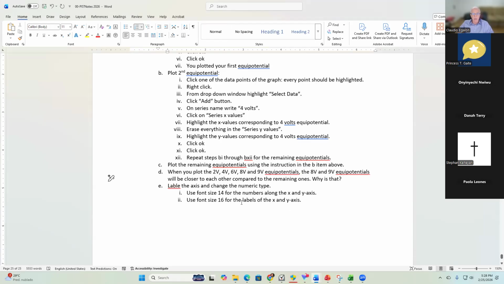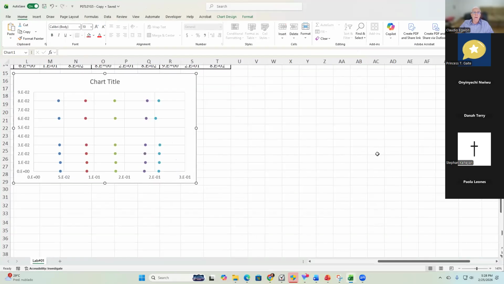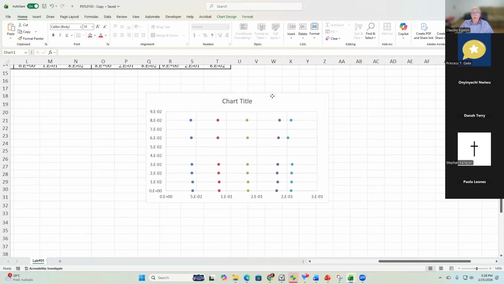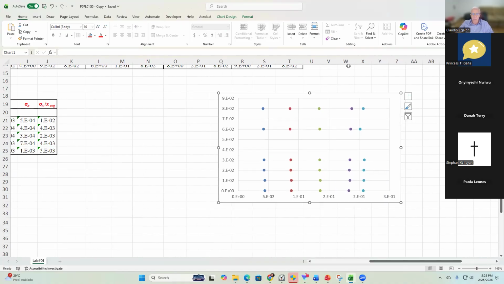Label the axis and change the numeric type. Use font 14 for the numbers along the X and Y axis. Use font 16 for the labels of the X and Y axis, right? So here you go. Here's my graph. Equipotential, right? I don't like to keep a chart title here. I usually erase it from here. And now we are going to work on the axis.